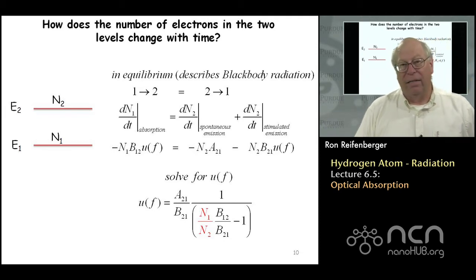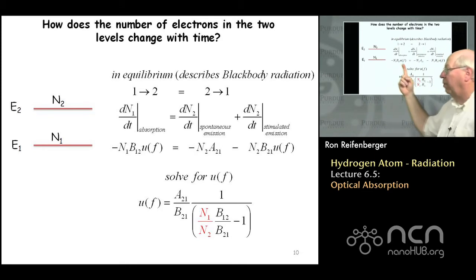The great thing about this is now you've got an equation and you can actually solve for this elusive U of F, right? This thing that we've just written down symbolically. You can solve for this in terms of Einstein's rate coefficients and also the ratio of the number of electrons in state N1 divided by the number of electrons in state N2.